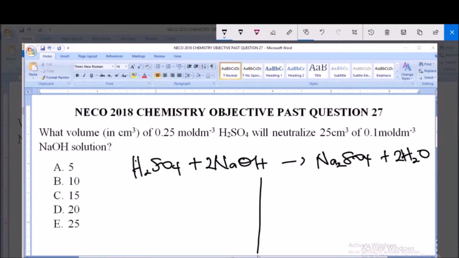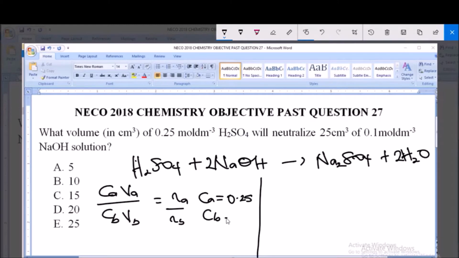From here we can simply say, using the formula, CaVa over CbVb is equal to Na over Nb. Now we have that Ca, which is the concentration of the acid, to be 0.25 mole per dm cube. Cb is equal to 0.1 mole per dm cube.